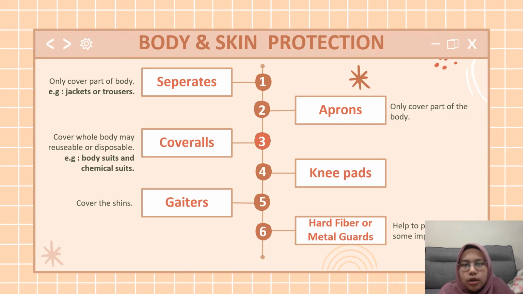Number 2 is apron, which only covers part of the body. Number 3 is coverall, which covers the whole body, and it may be reusable or disposable, such as a chemical suit.